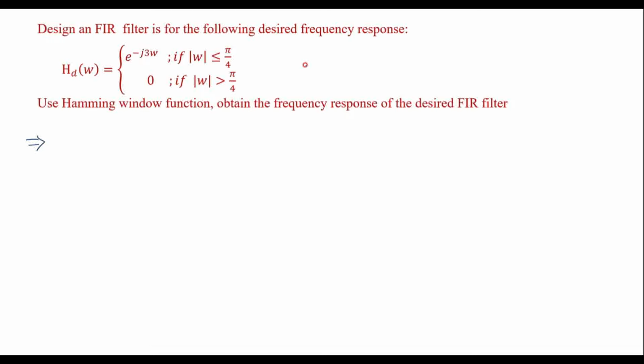So in this example, desired frequency response of the filter is given, that is Hd of omega is equal to e power minus j3 omega.